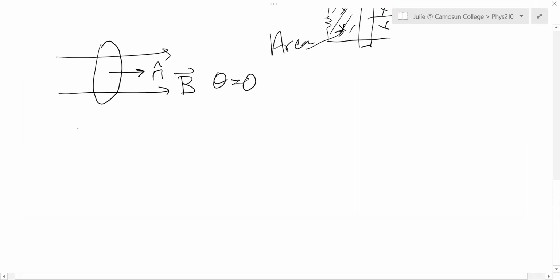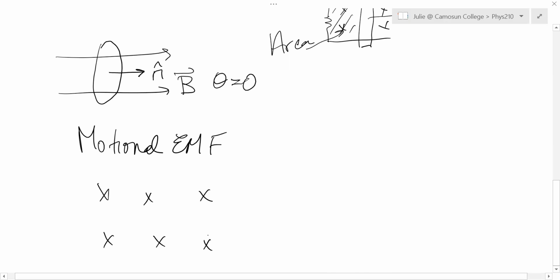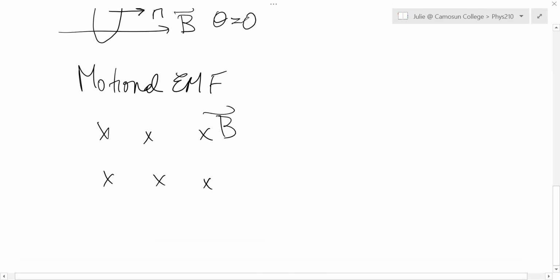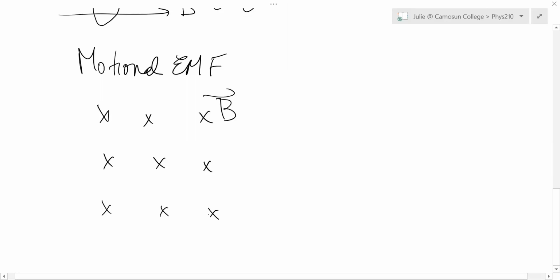Another example of how to induce an EMF is called motional EMF. What that means is if you have a magnetic field, so this would be B into the board, and take a metal rod and you move it, slicing through the magnetic field lines, with some velocity V, what happens to all the electrons in this rod is they feel qv cross B, the magnetic force.